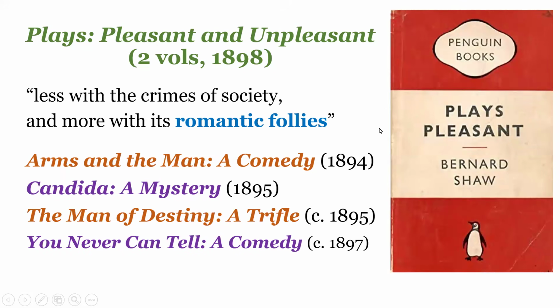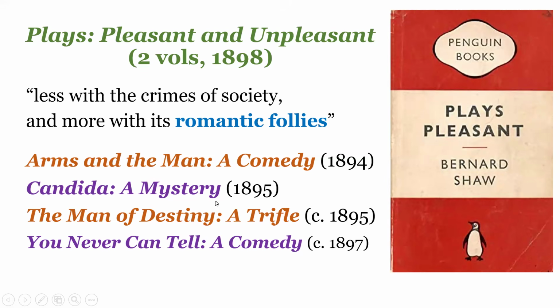There are 4 pleasant plays. Pleasant plays in the sense, plays which deal not with the crimes of society, but more with its romantic follies. So this is how Bernard Shaw defines pleasant plays. There are 4: Arms and the Man, Candida, The Man of Destiny, You Never Can Tell.